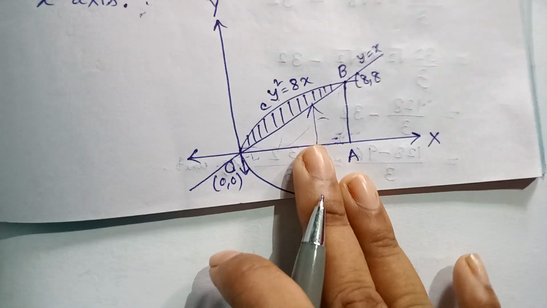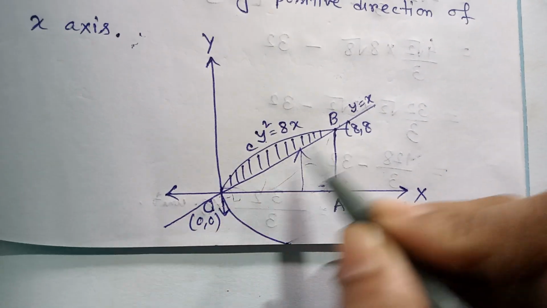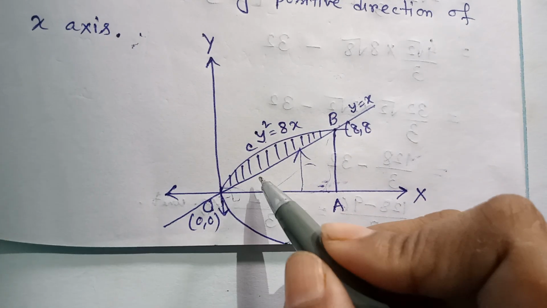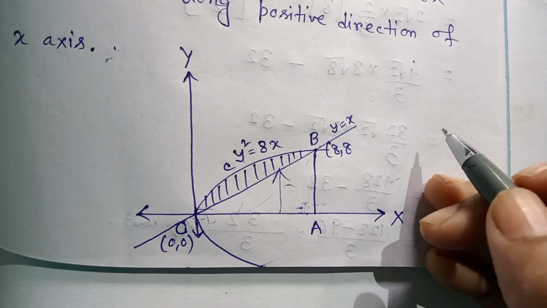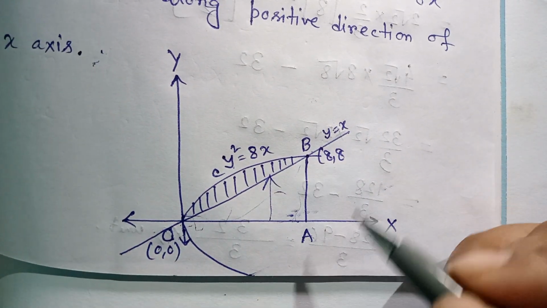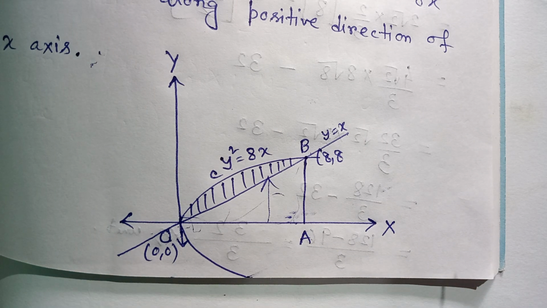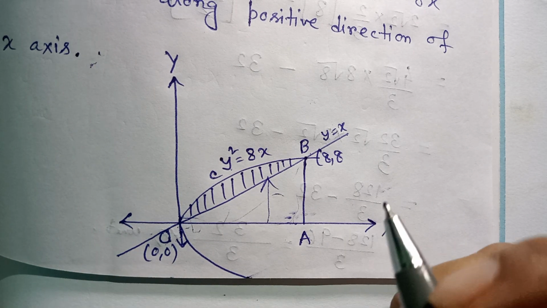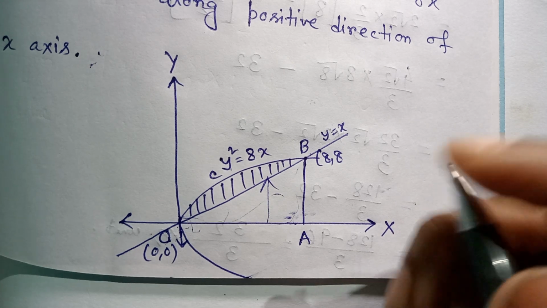And this is the rough sketch: the parabola y squared = 8x and the oblique line y = x. We know that this line makes an angle of 45 degrees with the positive direction of the x-axis. So it is neither horizontal nor vertical, so it is an oblique line. Now we want to find the area of the bounded region.